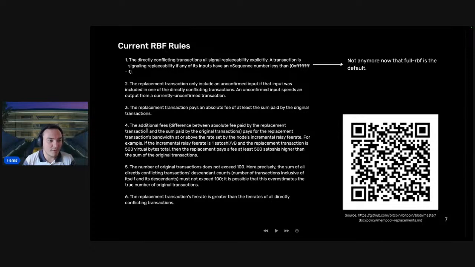Basically, the replacement transaction must also pay for its own bandwidth. So if the minimal relay fee of your node is 1 Satoshi per vbyte, and if the replacement transaction is 500 vbytes, then the absolute fees of the replacement transaction must be the fees of the previous transaction, the transaction it is replacing, plus 500 Satoshis.